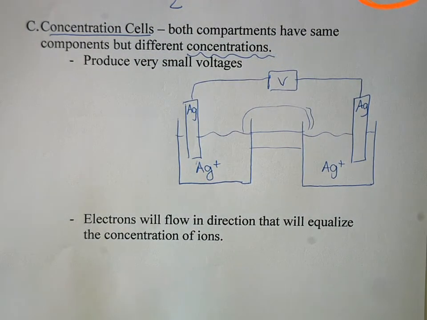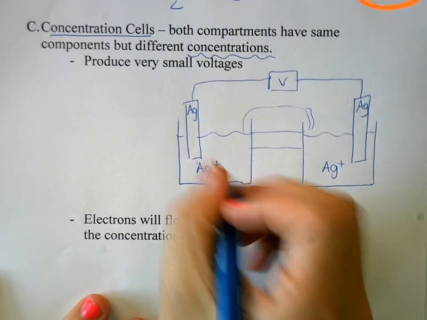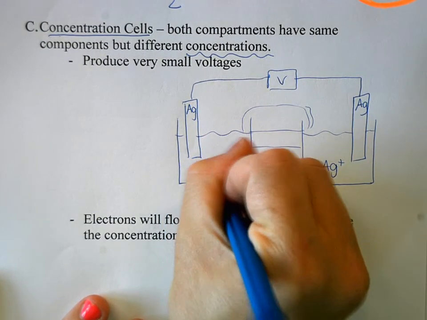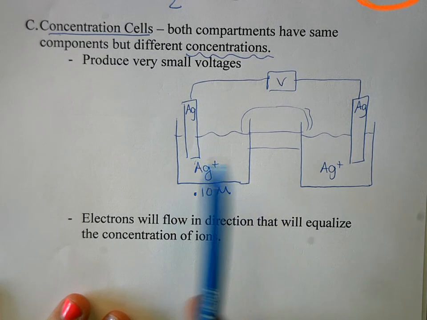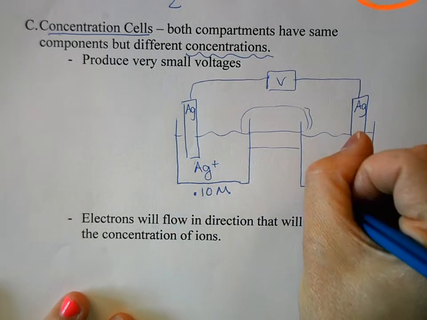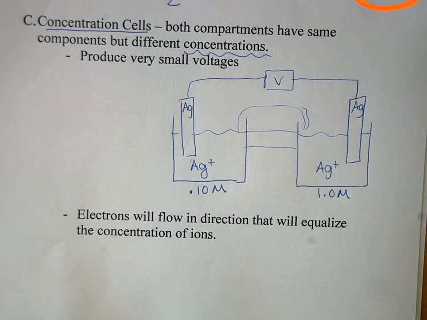I've got the same thing going on. So how does this produce any kind of voltage? Well, the key thing here is the concentration. So maybe on this side, I have 0.10 molar concentration of silver ions. And over in this cell, I've got 1.0 molar concentration of silver ions.